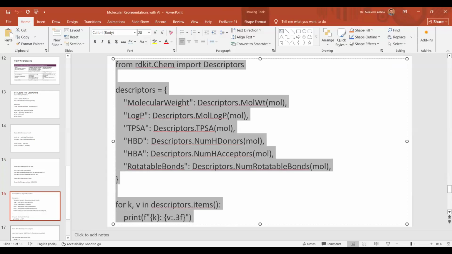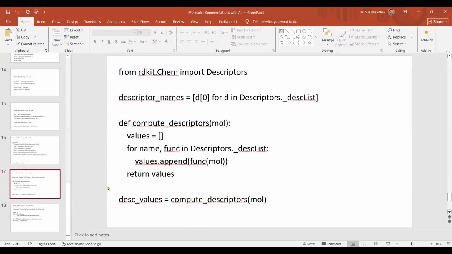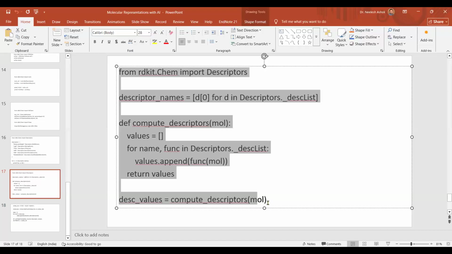This is step by step. I'm giving you each slide and converting that into this. AI techniques for materials science, or any AI thing, is basically coding.